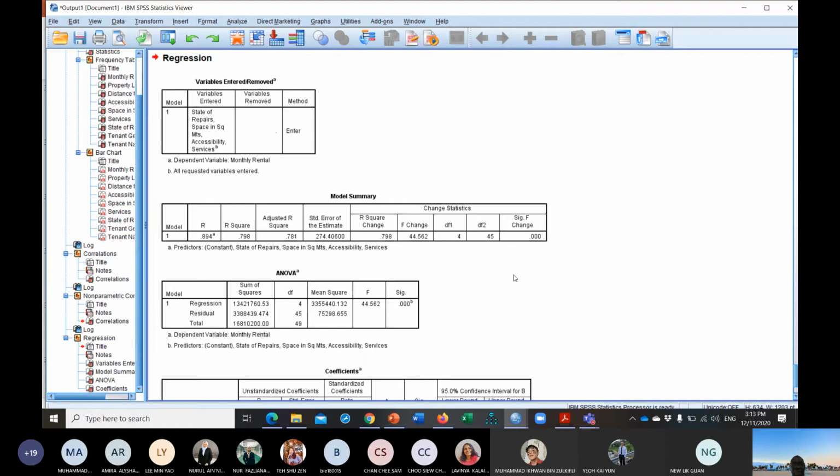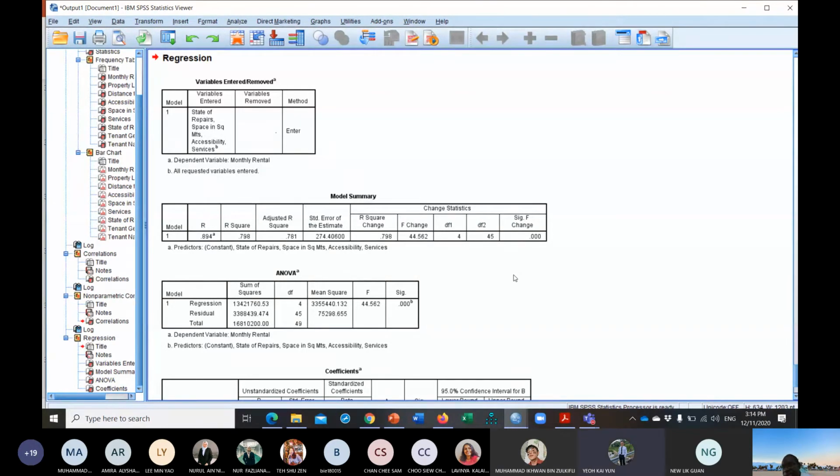Do you understand that model summary now? Do we understand what the model summary shows us? It tells us 2 things. One, that the factors are contributing about 80% to rent. Two, that the 80% contribution of all these factors is significant. They cannot be ignored.